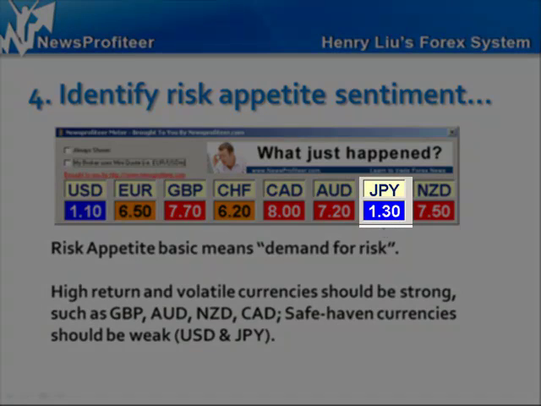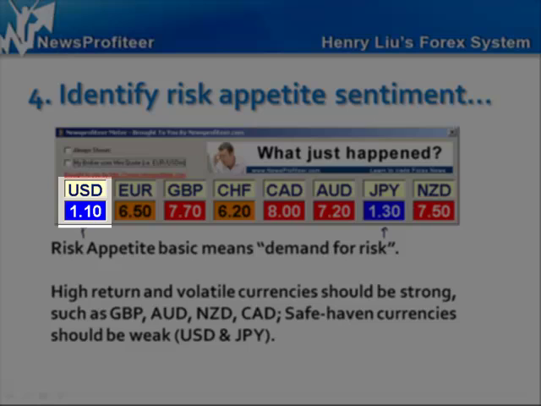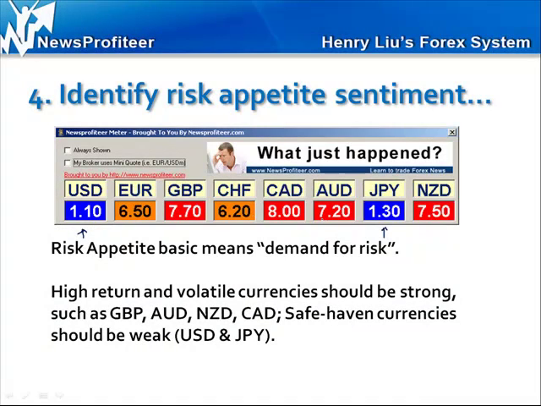We're going to see a weaker Japanese yen, and maybe not as weak as the yen, but the dollar should also remain a little bit weaker. Usually on a risk appetite sentiment, we see a weak Japanese yen. Maybe the dollar will follow, maybe it will not, but it's usually a strong sign that the Japanese yen is weak.